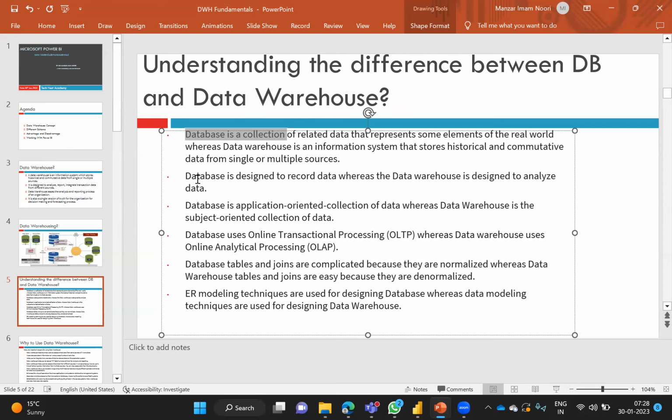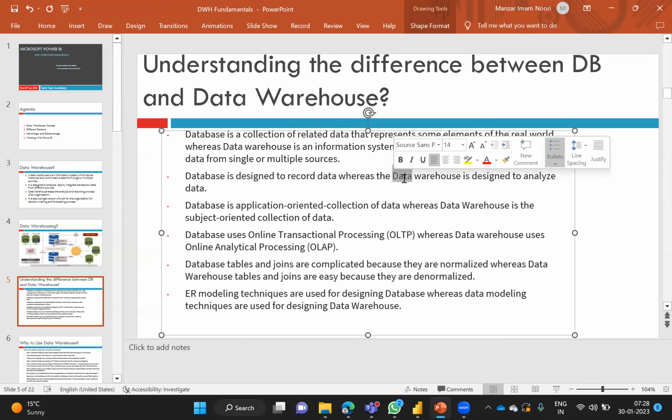There are some properties here. You can see that a database is designed to record data. It is designed in such a way. So you may be confused, like, we also use a database in the data warehouse, right? That is a part of storage.